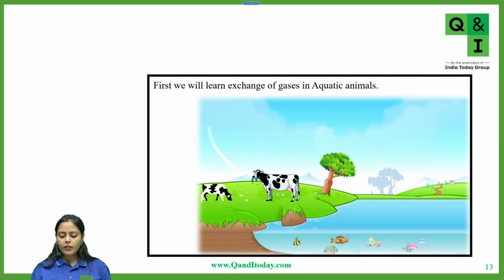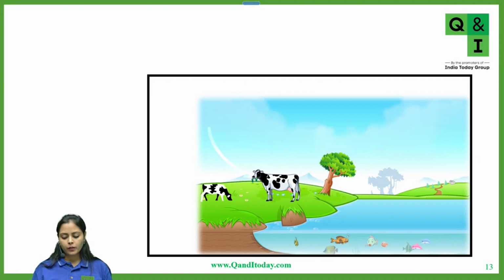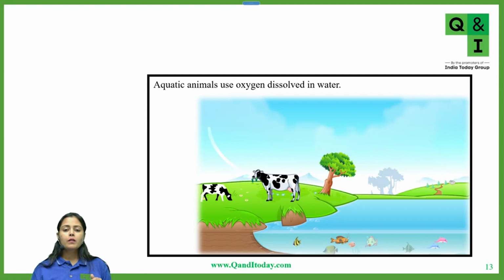So let's see exactly what difficulty aquatic animals face in their breathing. Aquatic animals have to take up oxygen for their respiratory purposes. But imagine yourself present in water: which oxygen will you be utilizing?